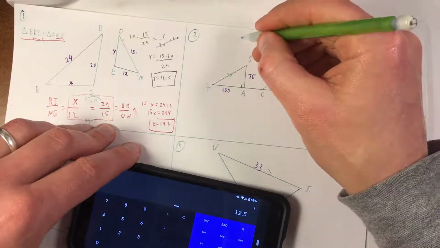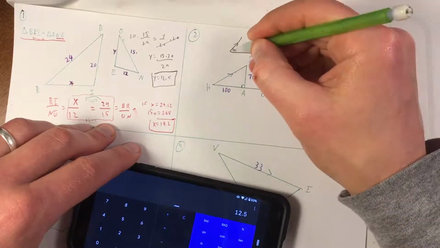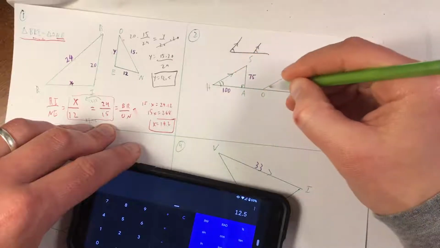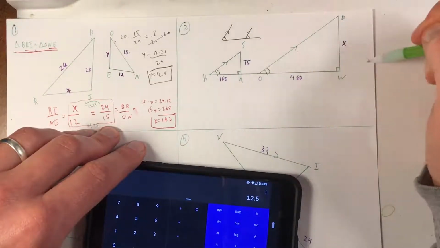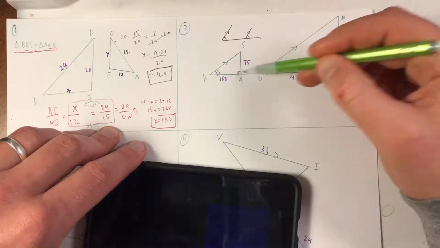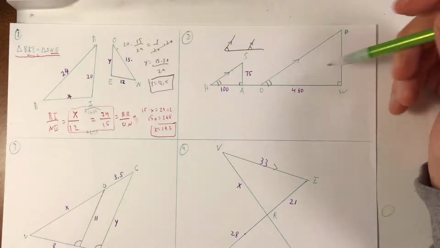If these lines are parallel, those are corresponding angles, and corresponding angles are congruent. So I've got two pairs of angles congruent, and therefore the triangles are going to be similar.